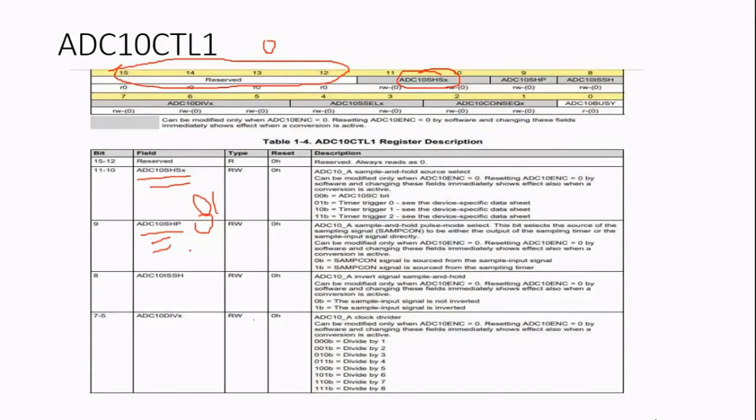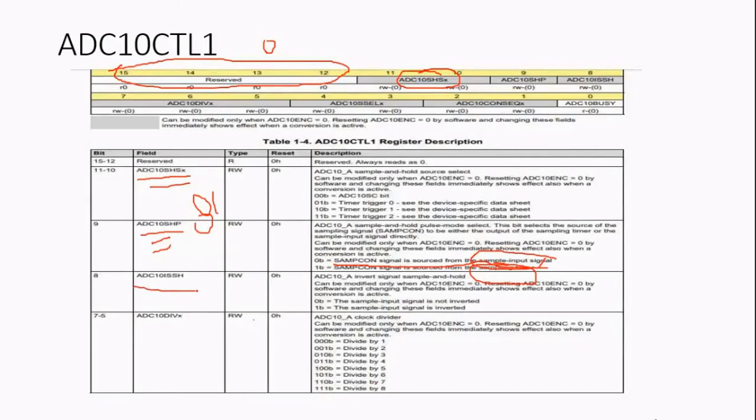If the value is 1, it means that SAMCON signal is sourced from the sampling timer. That's the meaning.